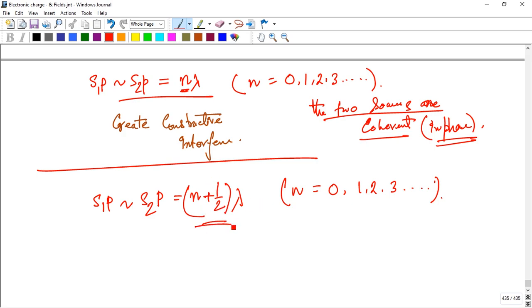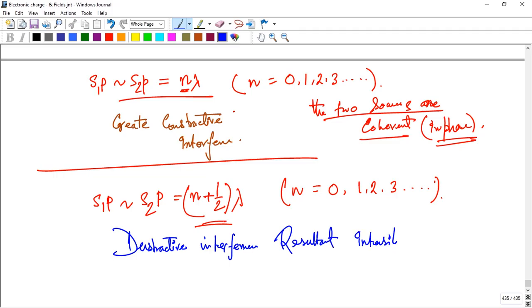In case of a decimal, they create destructive interference, and the resultant intensity is 0.